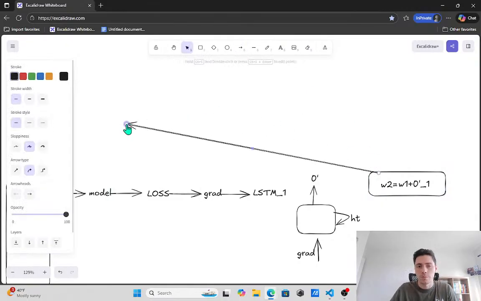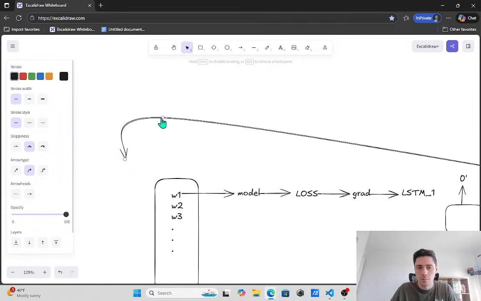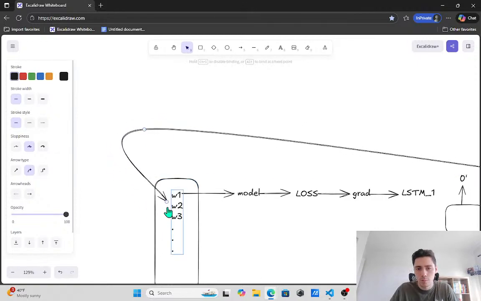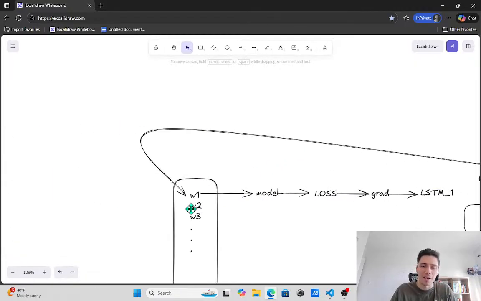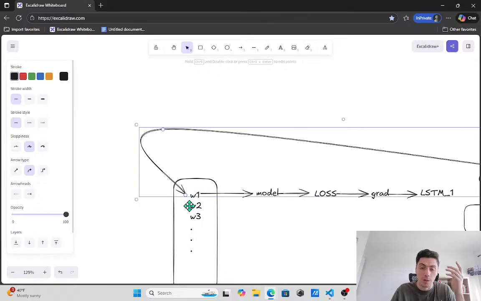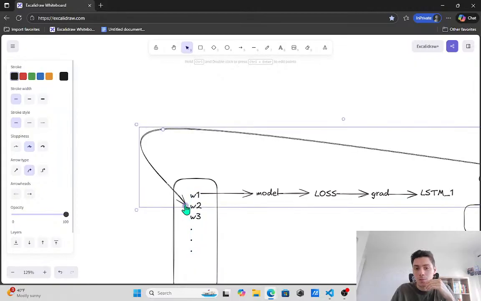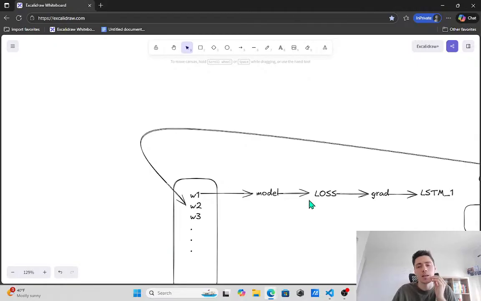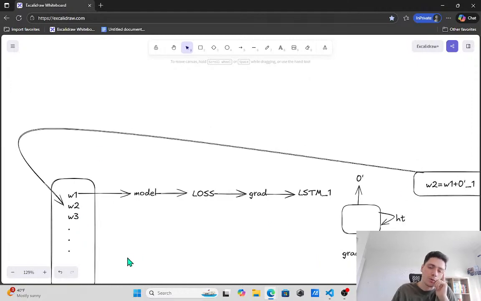This W2 we just computed, we go all the way back here, and we go through the same process, and then we'll get W3, W4, W5, and so on.